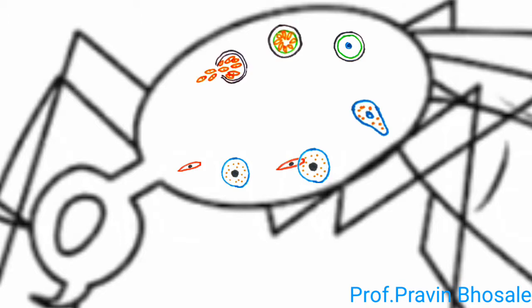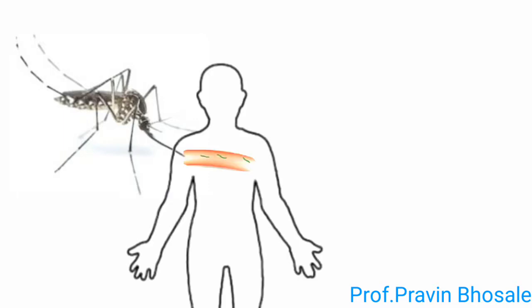When the oocyst ruptures, it releases sporozoites that migrate to the salivary gland. The sporozoites are injected into the skin when the mosquito bites a normal person.